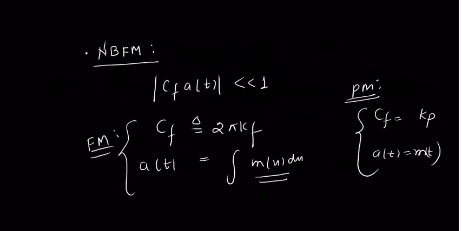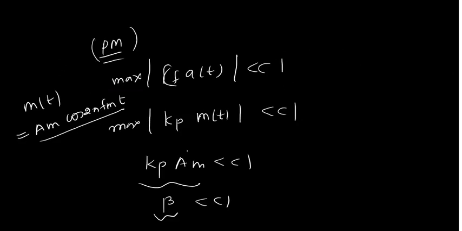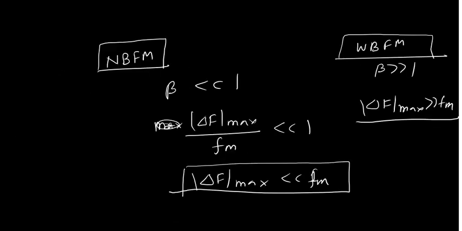And we have seen the narrowband assumption, because in our analysis we have shown that any FM signal which satisfies this will give you a narrowband FM, right? And you can equally convert this condition in terms of beta, and you say beta should be less than or equal to 1 for NBFM and greater than or equal to 1 for WBFM.